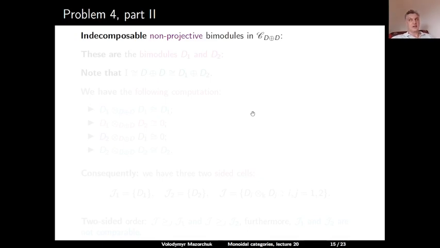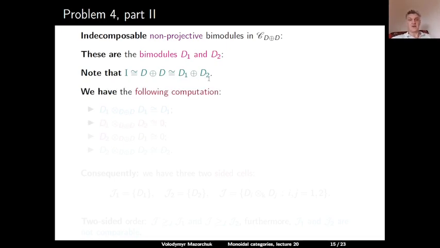But here our algebra is not connected, so the identity object is decomposable. And it's a direct sum of D1 and D2. So exactly, the identity object in our monoidal category decomposes as a direct sum of two bimodules, D1, the first copy of dual numbers, and D2, the second copy of dual numbers.